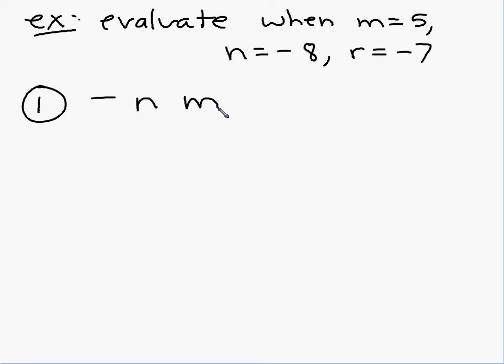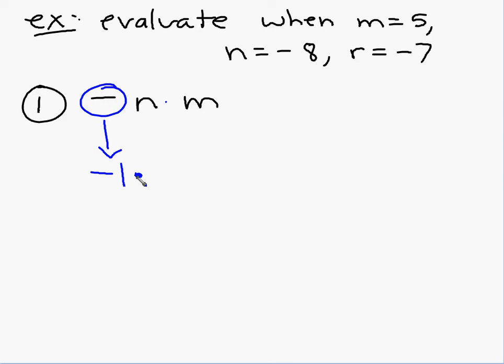Now, don't get ahead of me. If they just write nm, that means multiplication. All right? But there's something else you need to know. This little negative out in front, you need to treat it just like you're multiplying negative 1 times the m and the n.